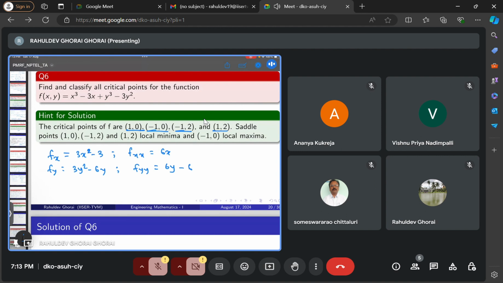What will fxy be? That will be 0. So these are independent of points. Now at each point you try to find fxx times fyy minus fxy whole square. This will be, when (x, y) is equal to (1, 0).